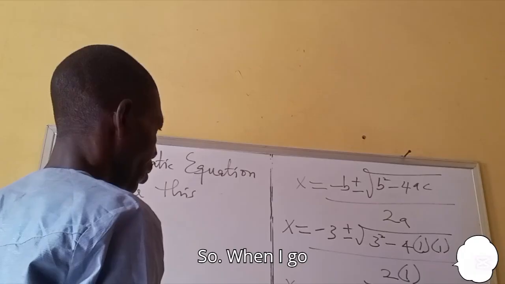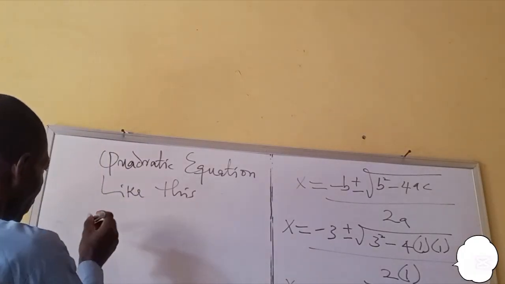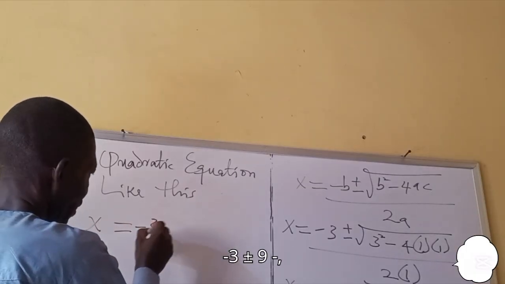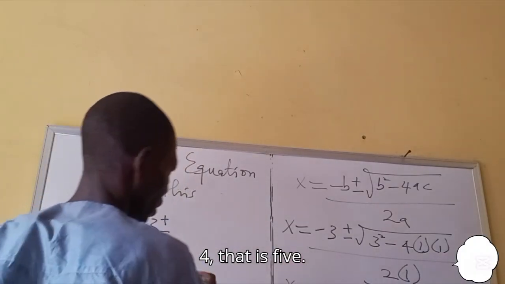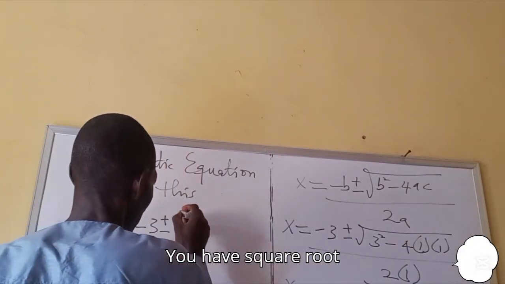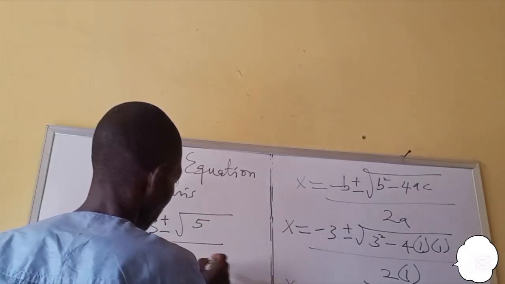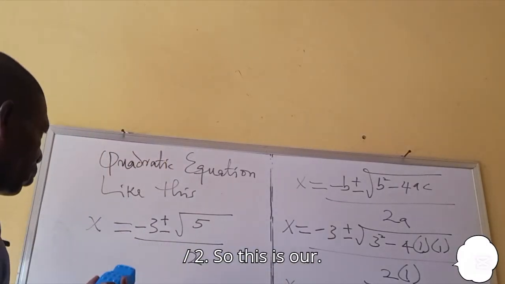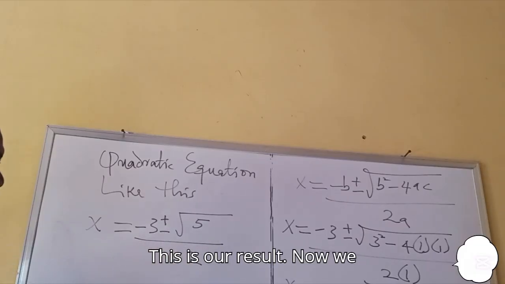So we are going to have x is equal to negative 3 plus or minus the square root of 9 minus 4, that is the square root of 5, divided by 2. So this is our result.